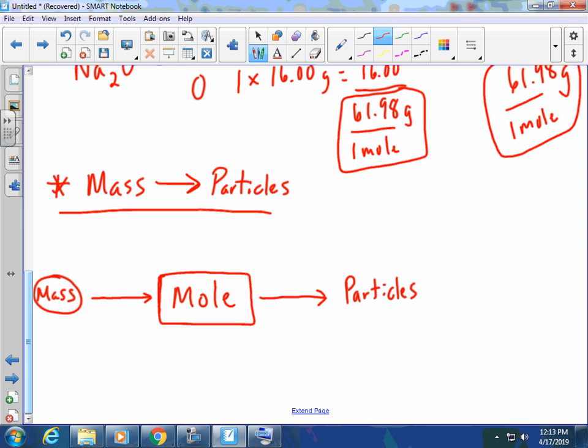What roads do we need to take to get from one place to another? If I want to go from the town of Mass to moles, and then I want to go from moles to particles, it's just like reading a map, which probably nobody in here can do since you guys have had navigation all your life and you don't drive because you guys are only 12, 13.